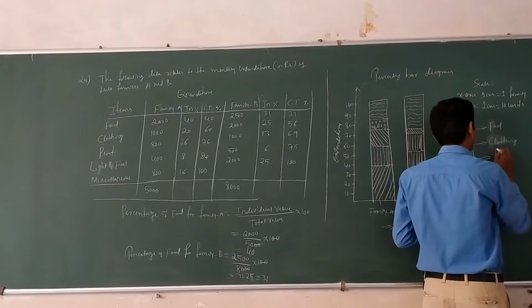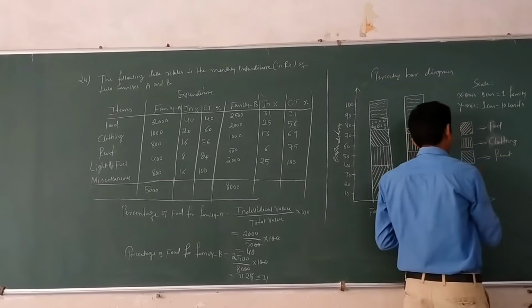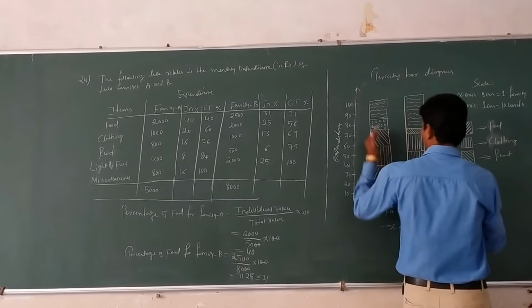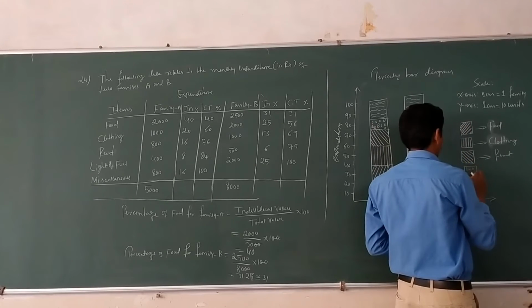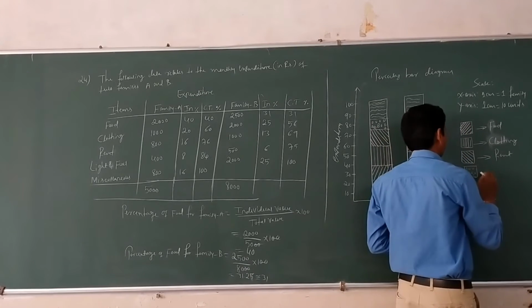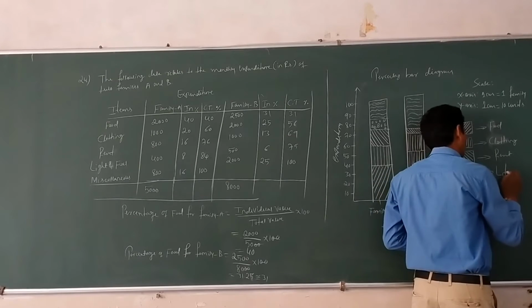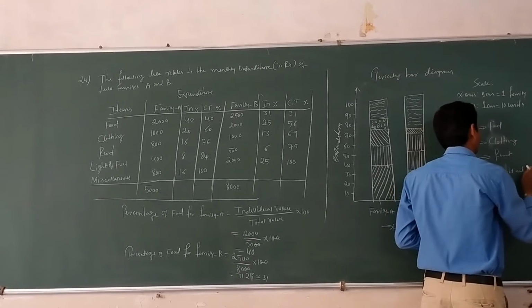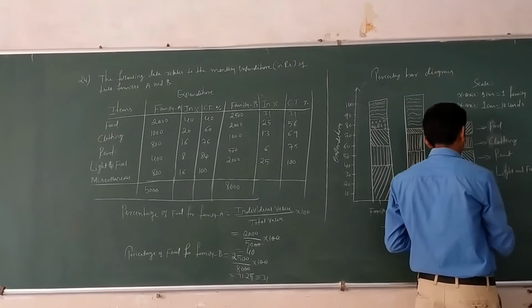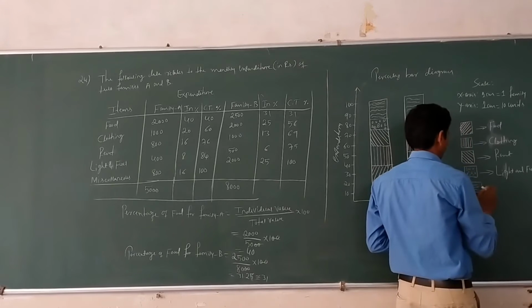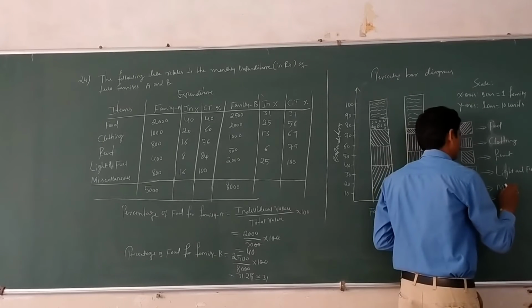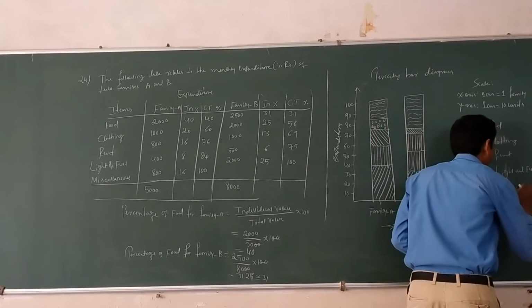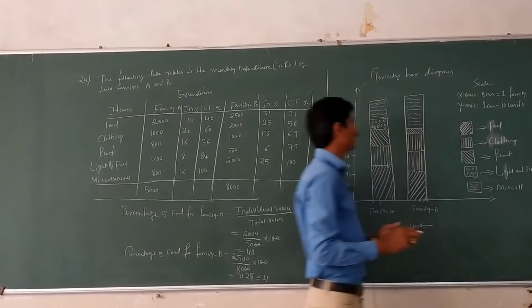The third one is rent. The fourth one is light and fuel. And the fifth one indicates miscellaneous.